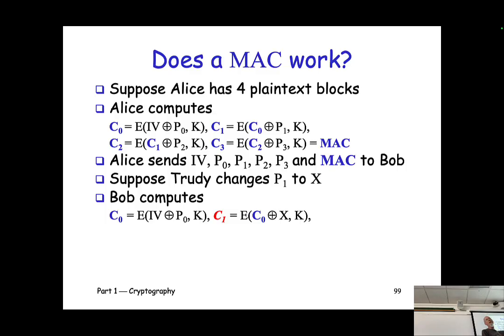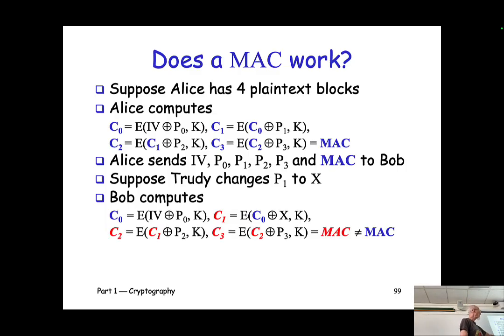Well, this goes into the process in the next step. And so that next one's almost surely incorrect, and he uses that in the next step. That's almost surely incorrect. And so the MAC he computes at the last step here is almost certainly wrong. And so he says, okay, something's wrong with the integrity of this message. I know it's not what was sent or what was used by Alice when she computed the MAC.